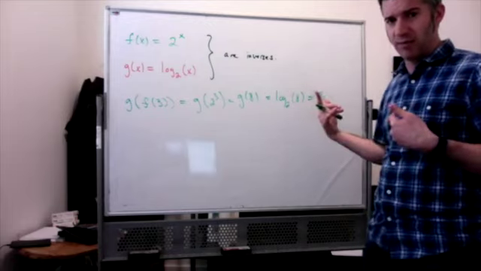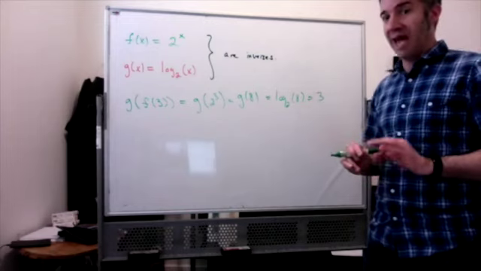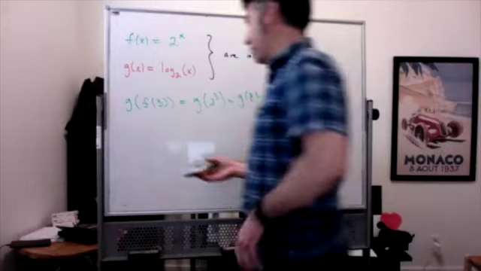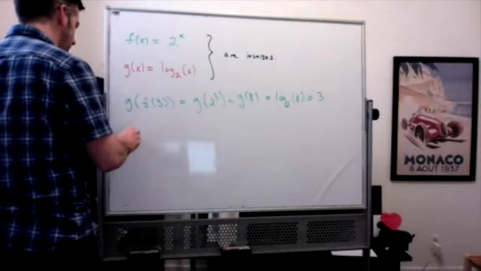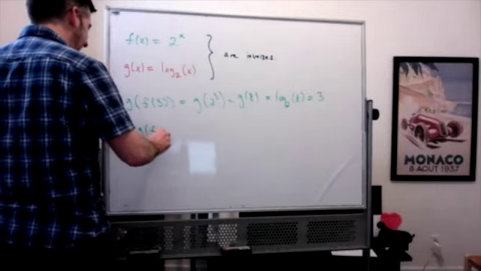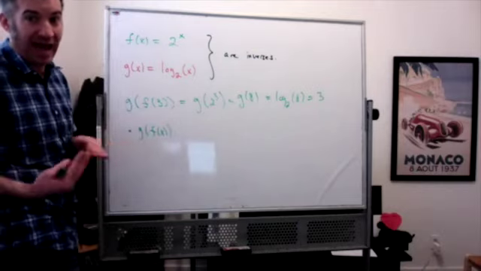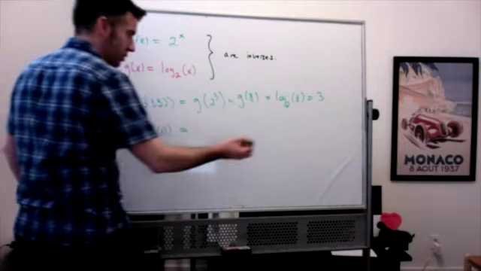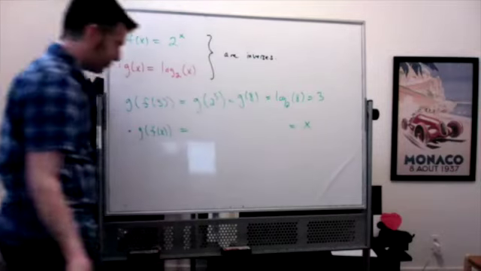I see an example where g of f of 3 is equal to 3, but to actually show that they're inverses, this is not enough. To show that they're inverses, you have to show that g of f of x, where x can be anything, we're not actually putting in a value for x, is equal to x.